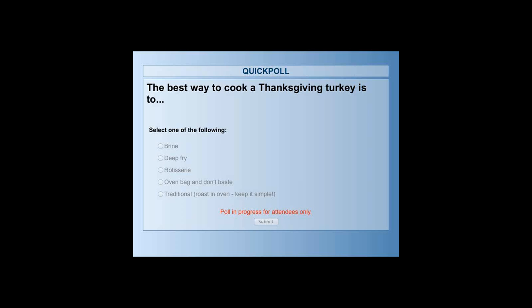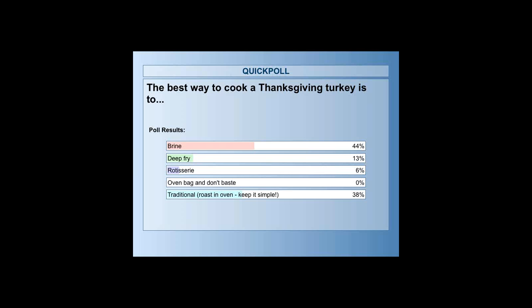It was Shane. Okay, well, we've only got 67%. Let's see if we can get up to 70%, and then I'll share the results. I wonder if you all will be surprised by the results. I am a little surprised. Oh, we're at 73%. So I'm going to close the poll, and I'm going to share the results.